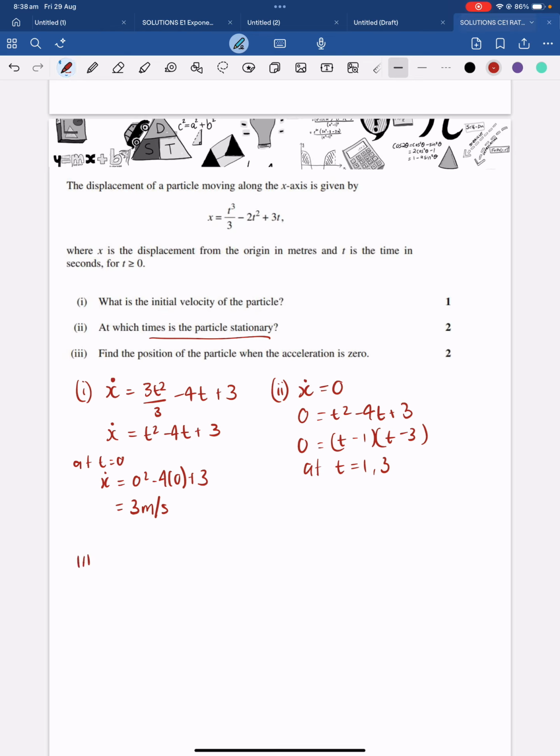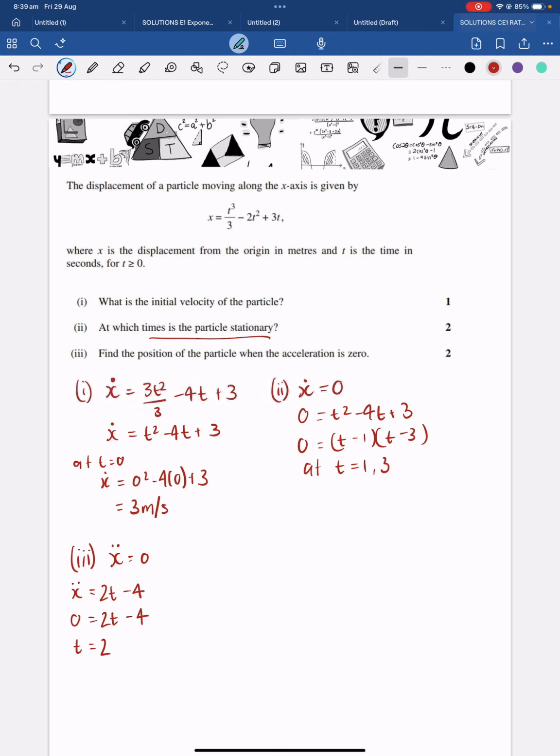And lastly, find the position of the particle when the acceleration is 0. So position means displacement, but I don't know what time it's talking about. So I need to know what time the acceleration equals 0. So let's find the acceleration first. Acceleration, I need to differentiate again. There we go.